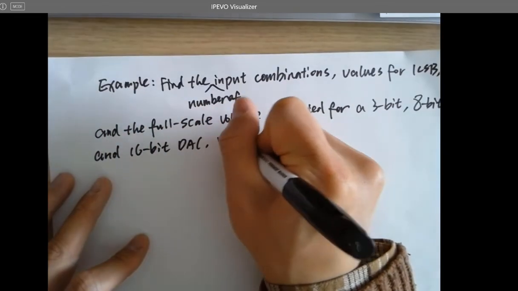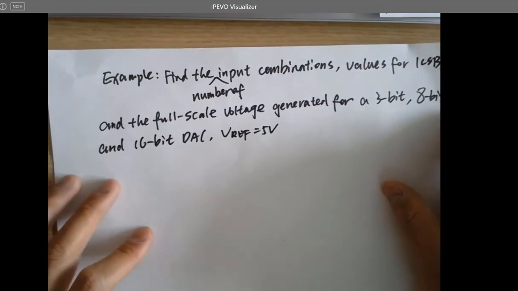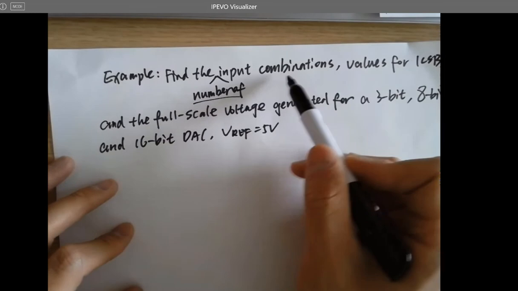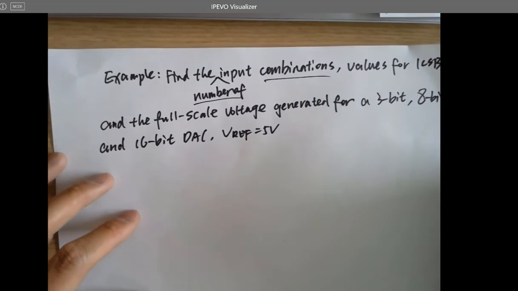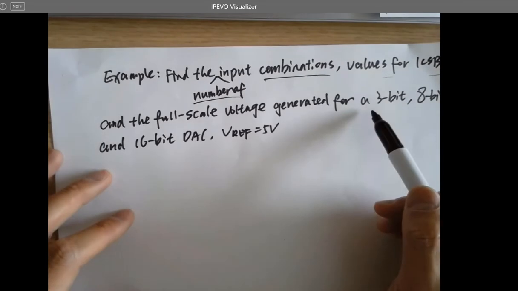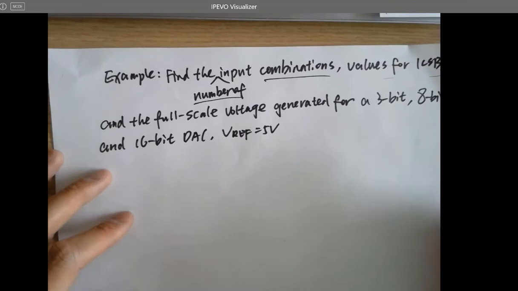VREF is 5 volts, that's given. So you need to find out the number of combinations of the input values and the values for one LSB and the full scale voltage generated for these 3 different types of DACs.